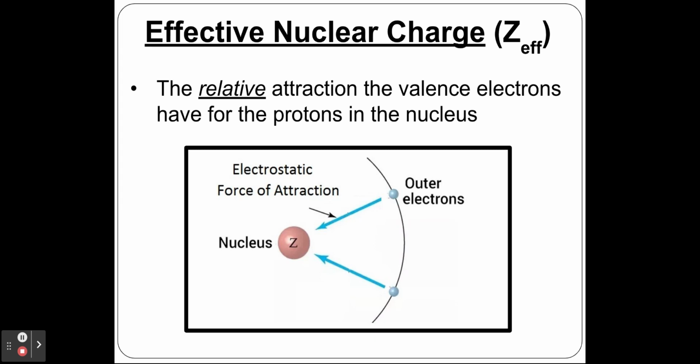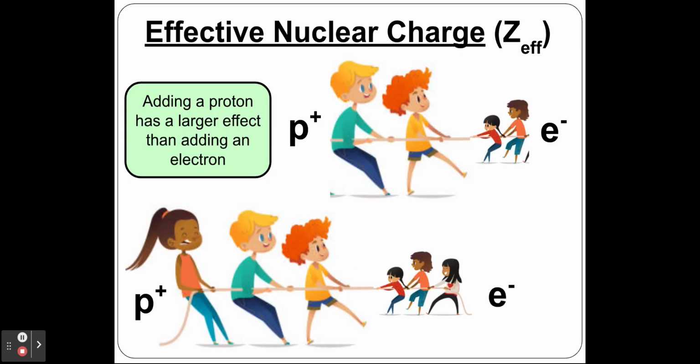The way to understand this is that every proton that attracts gives you a 1+ charge. Every core electron that is shielding is going to cancel that out. So you can do the math, and what's left over is the effective nuclear charge.